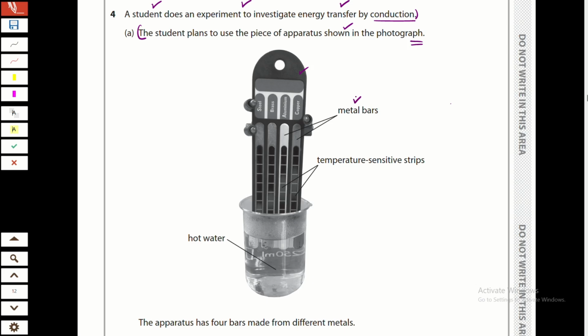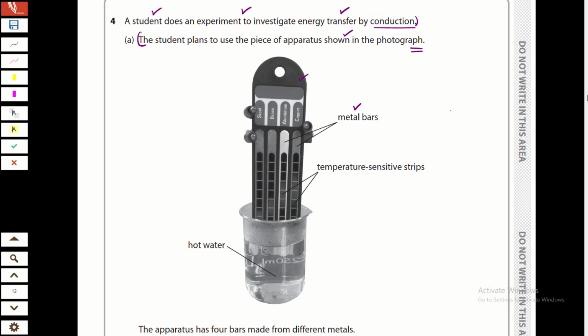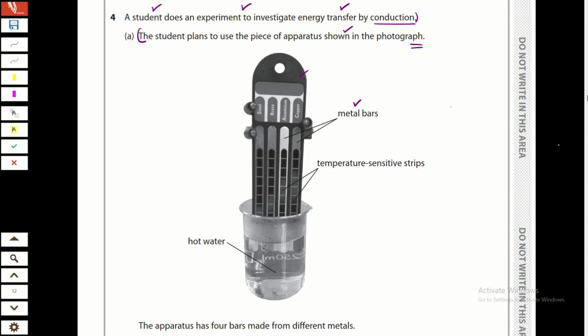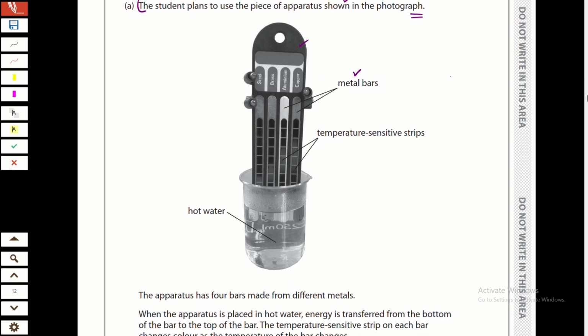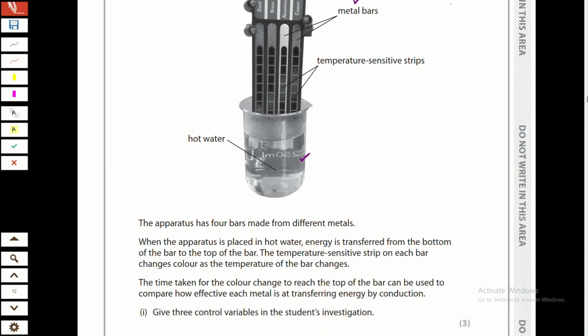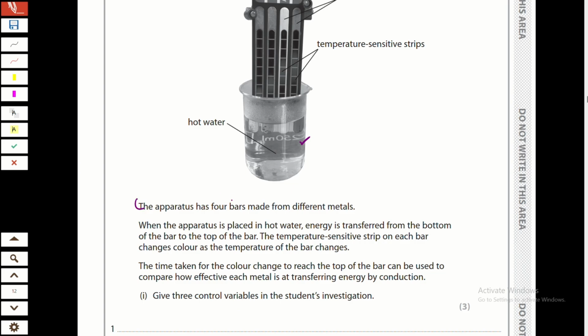The apparatus consists of 4 metal bars, and the 4 metal bars are made of different types of metals, and one end of the bar is basically immersed into hot water. There are temperature sensitive strips attached to these metal bars.